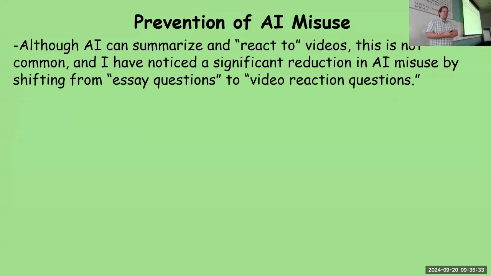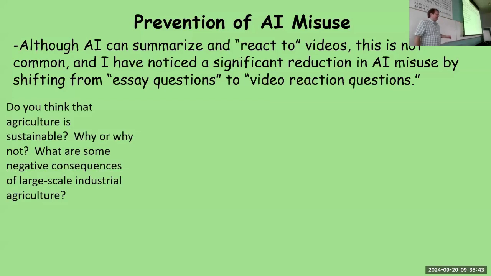I have shifted a lot of my assignments, and this took a lot of work for my online class, from essay questions to video reaction questions. Because essay questions like, do you think agriculture is sustainable, why or why not, are so easy to plug into an AI program and get a response.